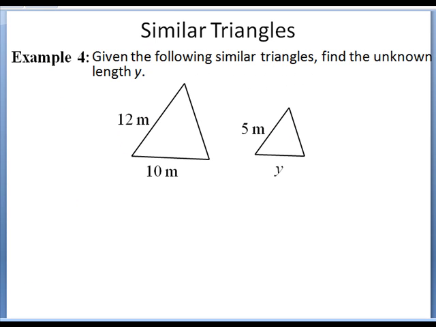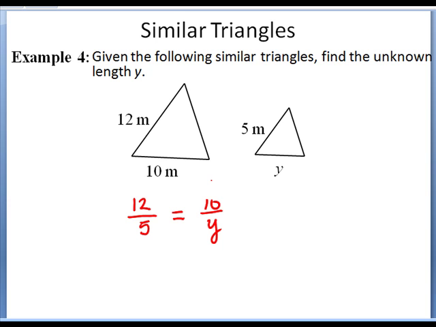Look at this example. We have two similar triangles and we want to solve for y. We know the sides are proportional, so put 12 over 5 equal to 10 over y.